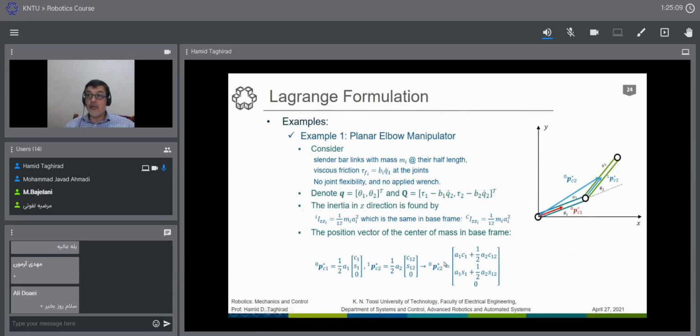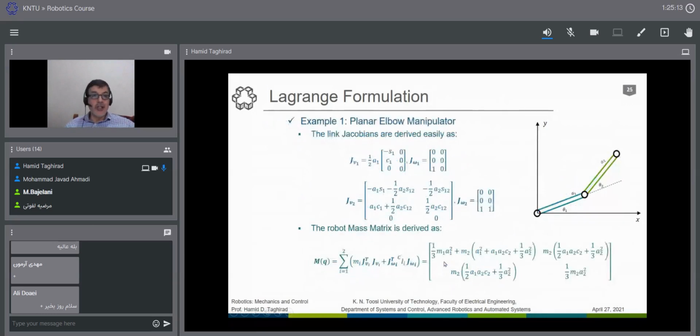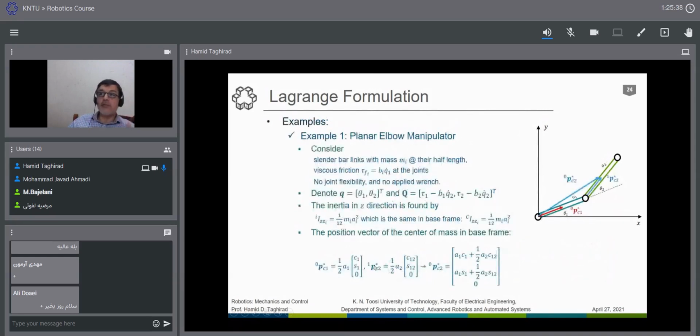Since we have these two, the rest can be found by just manipulation. JV1, as you see, the first column is Z cross PC1, and the second column is 0. We have Z in this direction, cross PC1.